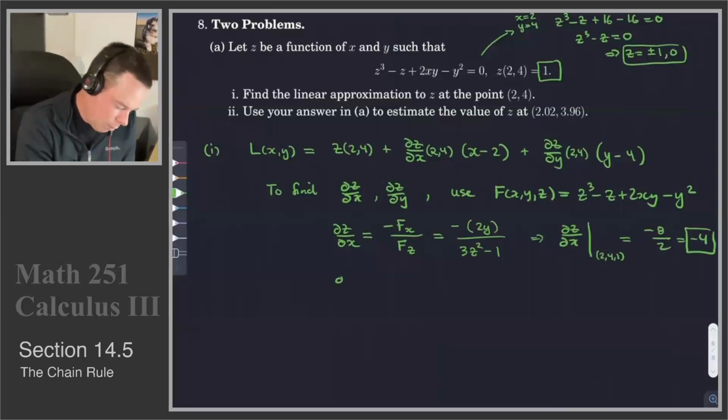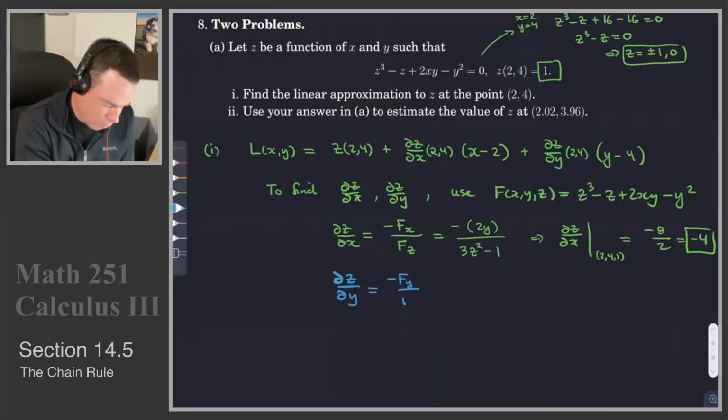We want to do the same thing. I'll put it in a different color just to indicate that it's a second calculation. We want to know the y partial. That's negative f sub y over f sub z. The y derivative is 2x minus 2y. I'll put the negative around the brackets here. And all of that is over 3z squared minus 1.